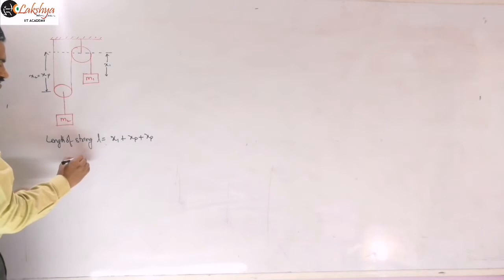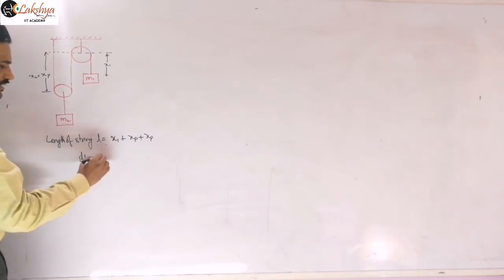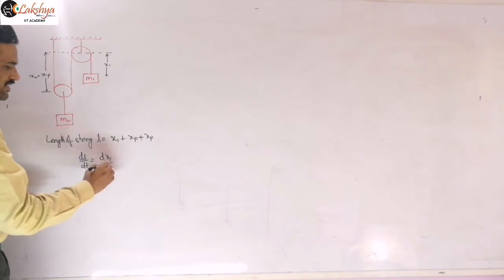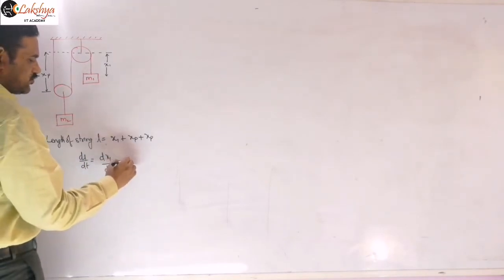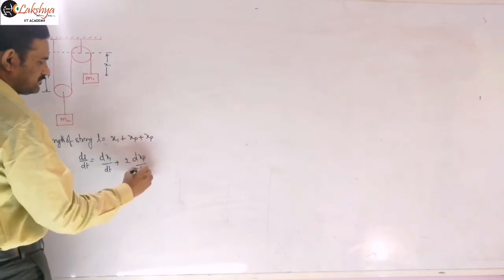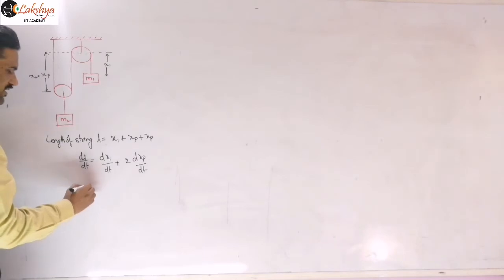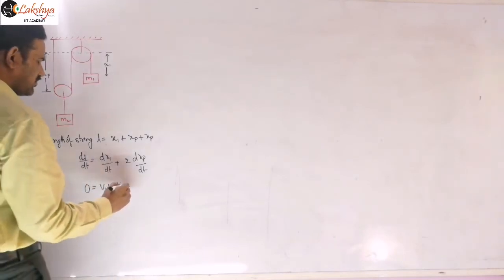So then let us differentiate this. dL by dt is equal to dx1 by dt plus 2 into dxp by dt. And so this value is 0: 0 = v1 + 2vp, where vp is the velocity of the pulley.